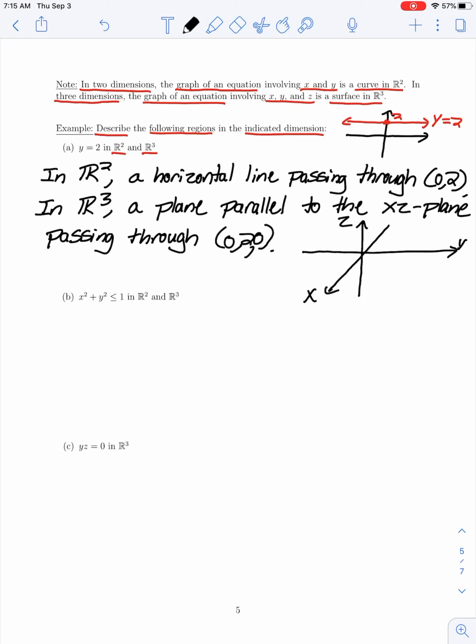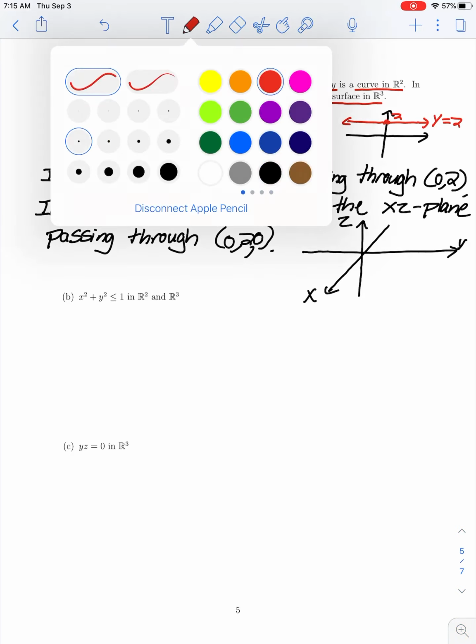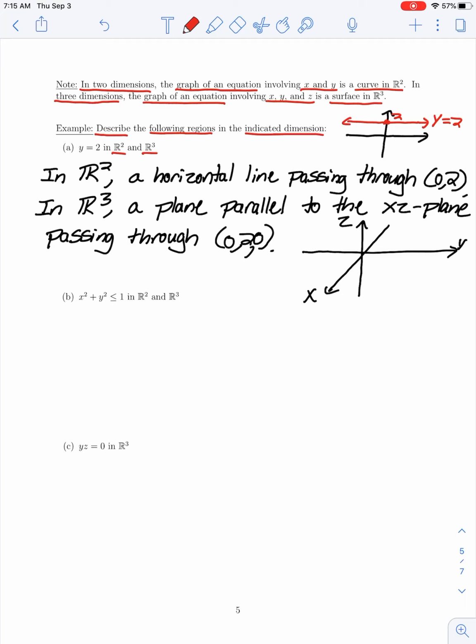So the constant value y equals 2 means that we would be looking at all points for which y has a constant value of 2, but of course x and z could extend infinitely in any direction.